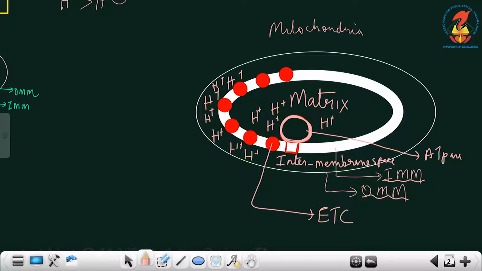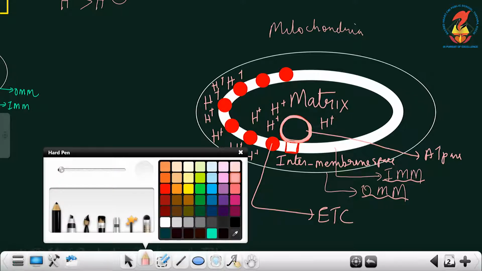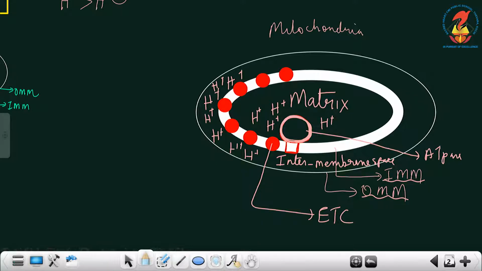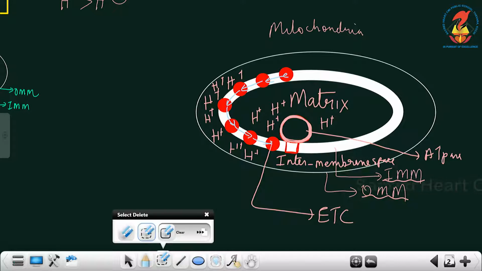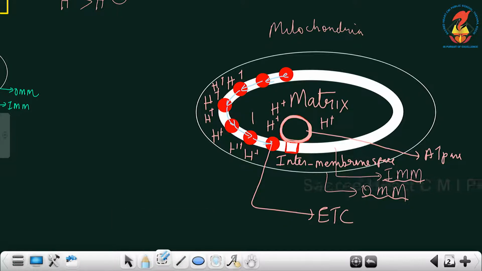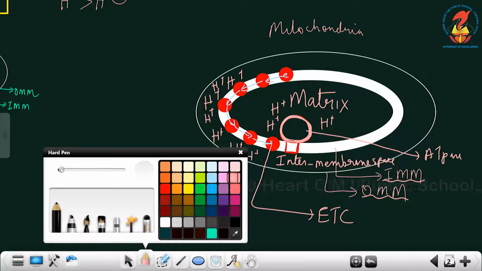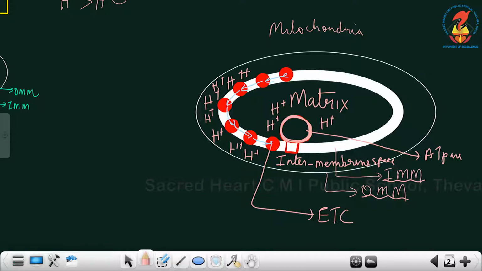Now, I told you the ETC is only operating like a pump to create the proton gradient. So, as the electrons, which I am indicating in blue color, pass from one electron carrier to another electron carrier, it is removing the proton from one region and adding it to another region. So, it came here.